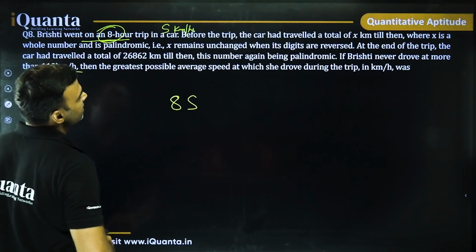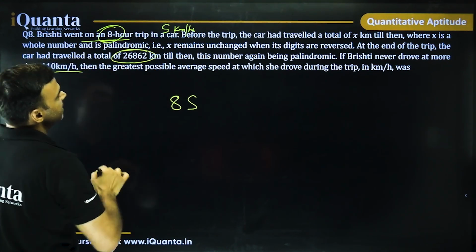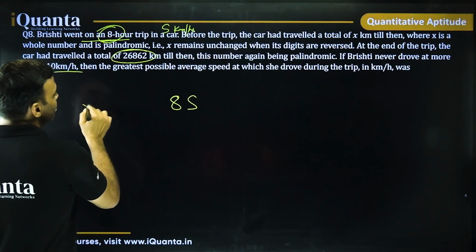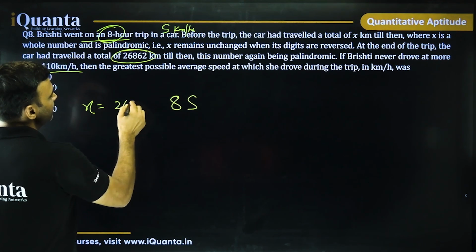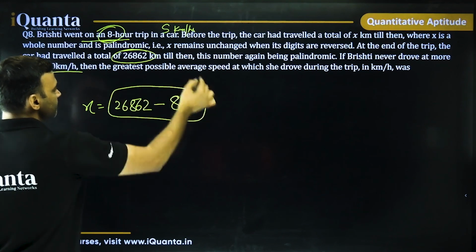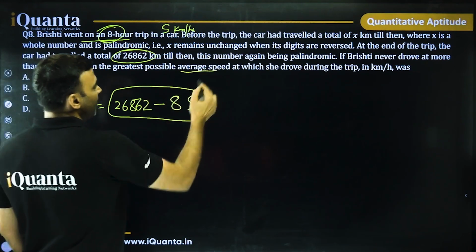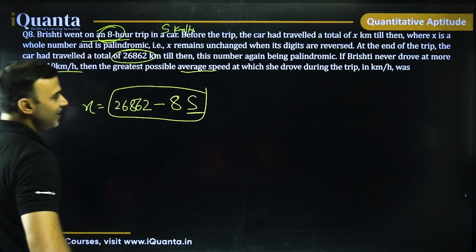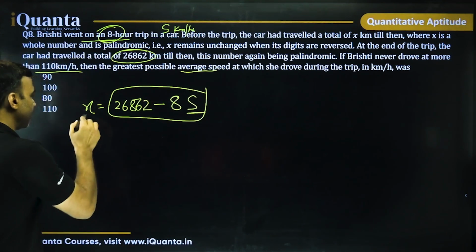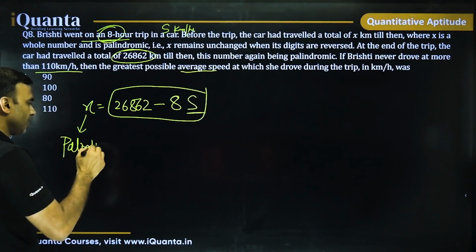So this is the distance traveled during this trip. The total distance traveled by the car is 26,862. So x should be equal to 26,862 minus 8s, right? And we need the largest possible average speed value, that is, we need the largest possible s. But we have to take care that x is also palindromic.